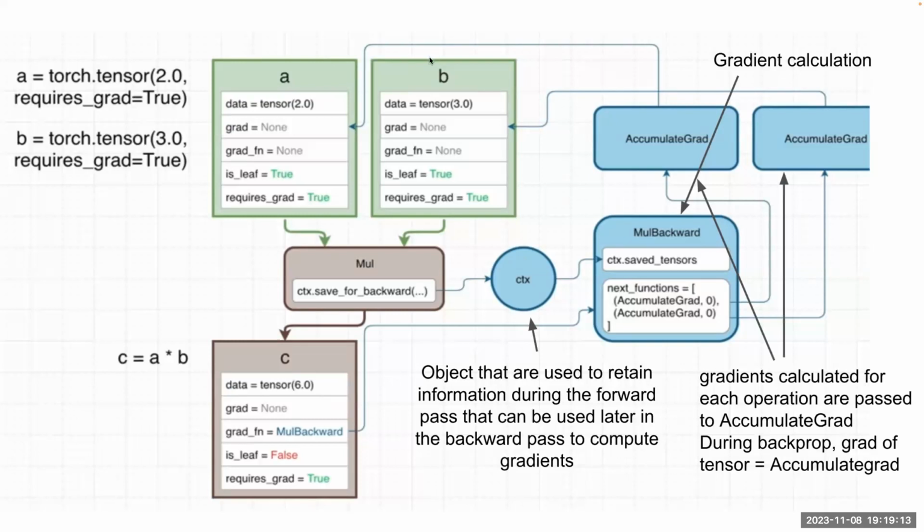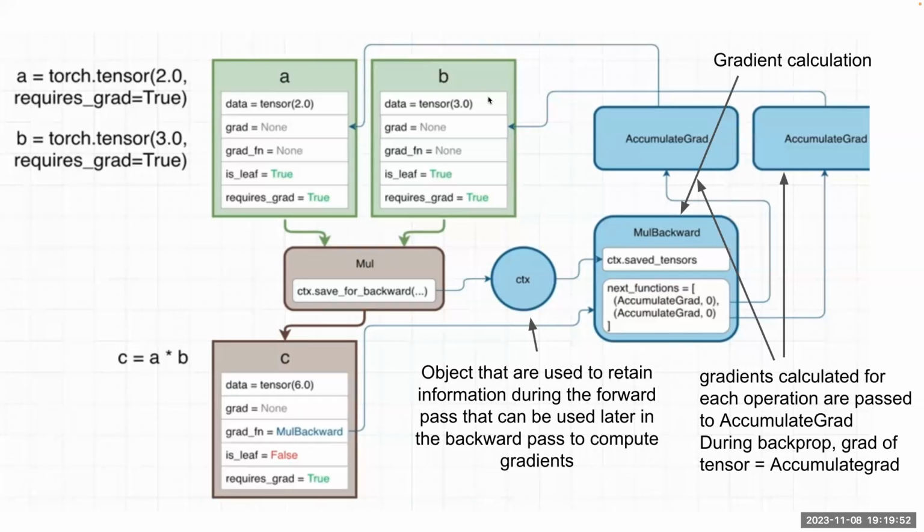If you have two tensors A and B, and you multiply them together, you create a tensor C. This tensor C contains information about what operations have been done on it, in this case multiplication. So PyTorch will have a gradient function called multiplication backward. This will be used to calculate the gradient when you run C.backward(). The gradient will be accumulated and then updated in the grad part of A and B. And this gradient value will be used when you do optimizer.step.